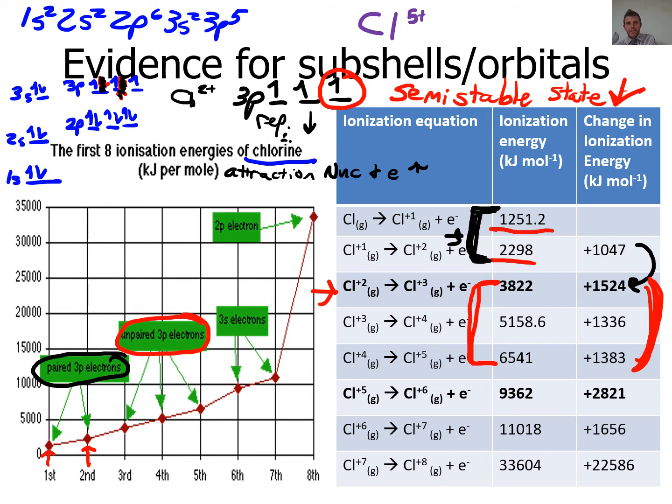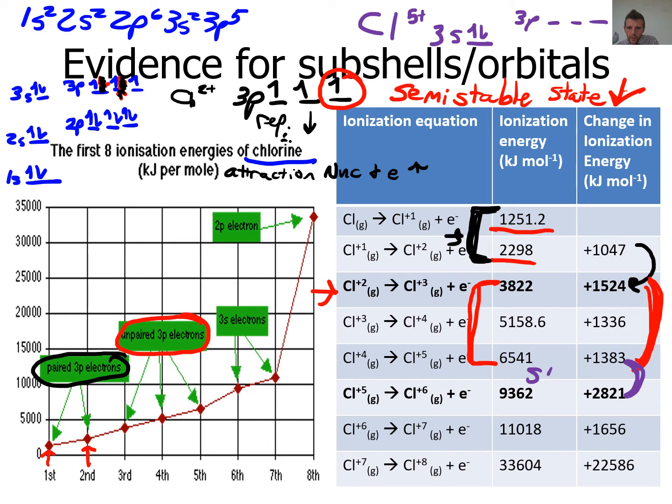The fifth ionization energy means we have 3s with 2 electrons filled in there. Then we got 3p1, 2, 3. And we've removed the electrons that are in the p orbital. And then you're going to see yet another significant jump in the difference in ionization energy needed.